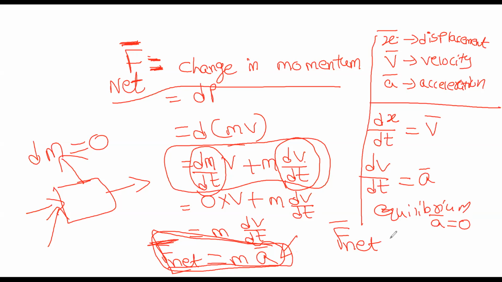When acceleration is 0, F net becomes 0. Yeah. So this is the equilibrium condition. Whenever they tell that the body is in equilibrium on applying a number of forces, you have to take all the forces and equate them to 0. That's it.